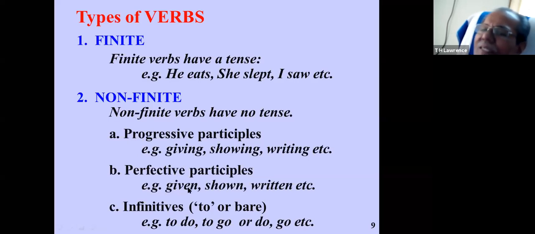People like me do not use these terms because we cannot assign past or present to such non-finite verbal forms, since they do not have tense at all. Infinitive is with to or without to. So this is the third type of classification of verbs.